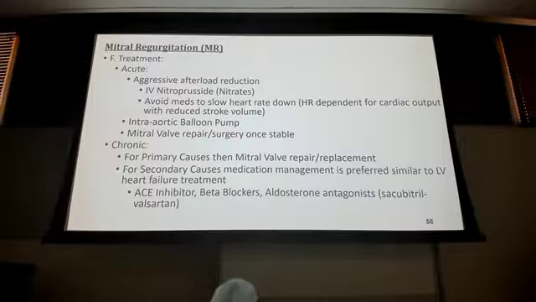So you're looking at doing things like ACE inhibitors, beta blockers, and aldosterone antagonists because you're trying to prevent the development of those compensatory changes, right, that can lead to further decline in the cardiac function. And then we may, especially if it's a primary problem, so the valve leaflets are the problem, then we may need to go in and replace the valve as well.